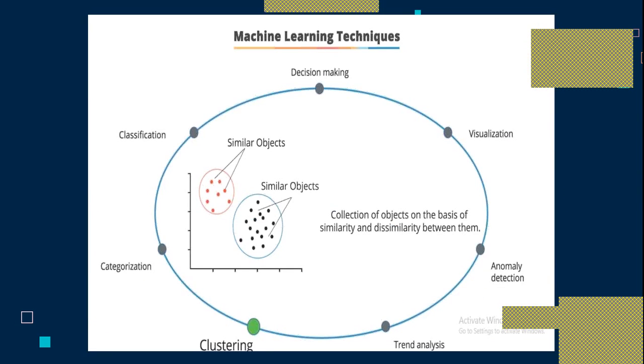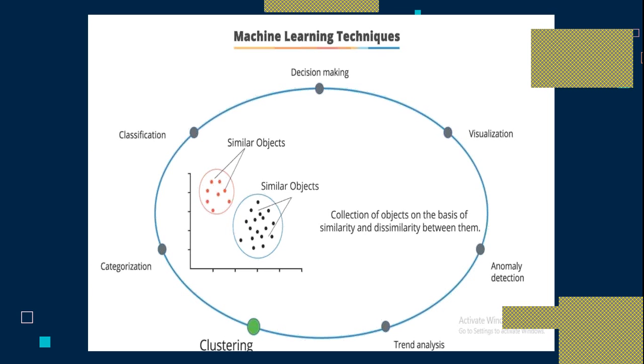Move ahead. Next technique, a very popular technique, is clustering. So what do we mean by clustering here? Clustering is the collection of objects based on the similarity and the dissimilarity between them.